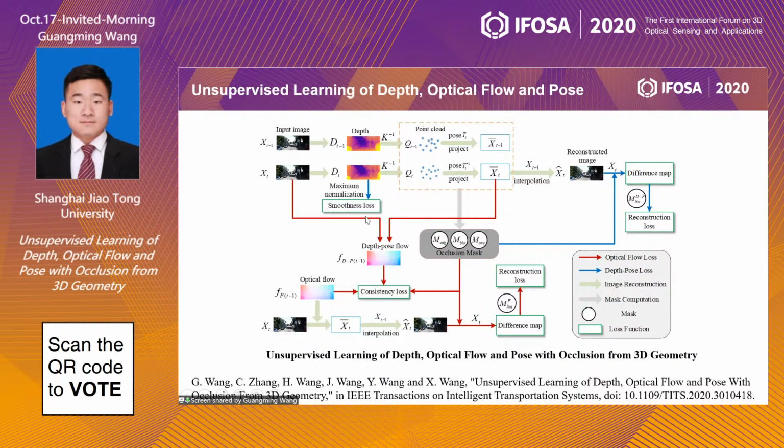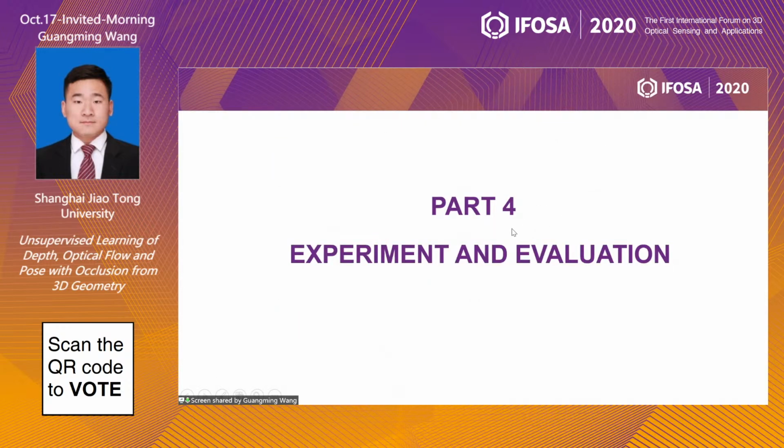We also propose a maximum normalization to prevent the decrease of the inverse depth value in the training process. We also use a learning-based mask to filter the outlier pixels after the occlusion mask to further filter the outlier pixels. Then the experiments.